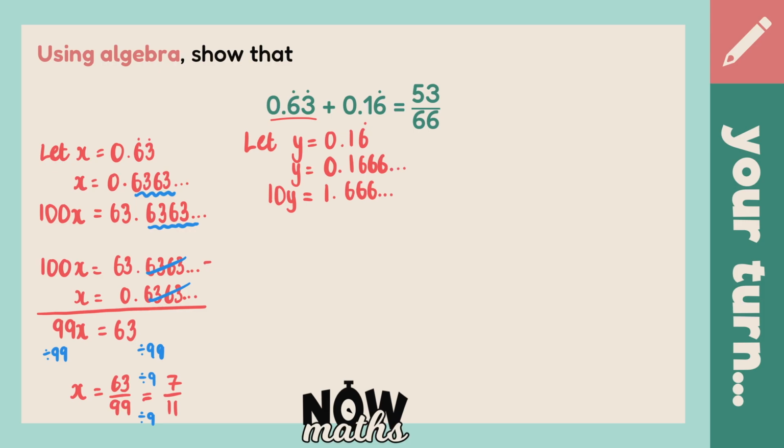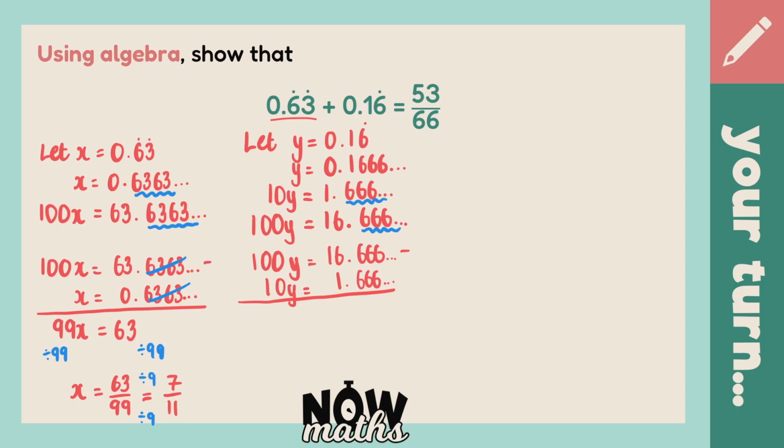So 10y multiplied by 10 is 100y, and multiplying the decimal by 10 we'll shift over to the left, so we'll get 16.6 recurring. And we have our two matching decimals after the point, so we're going to subtract 10y from 100y.